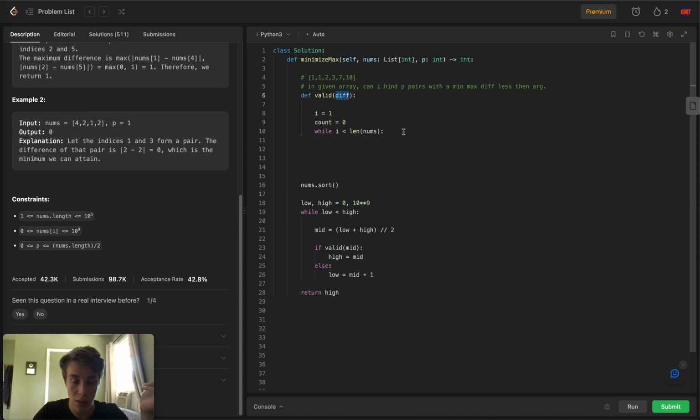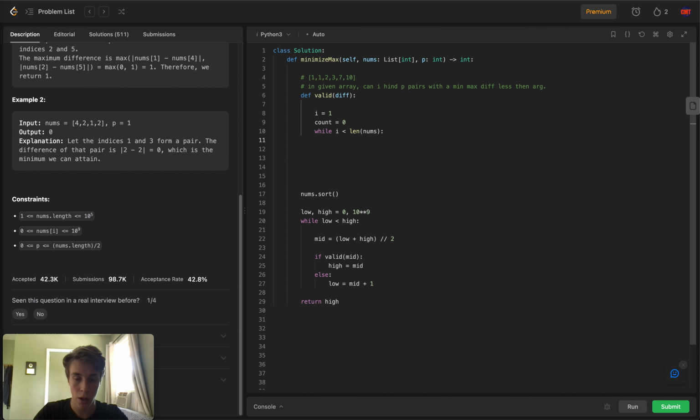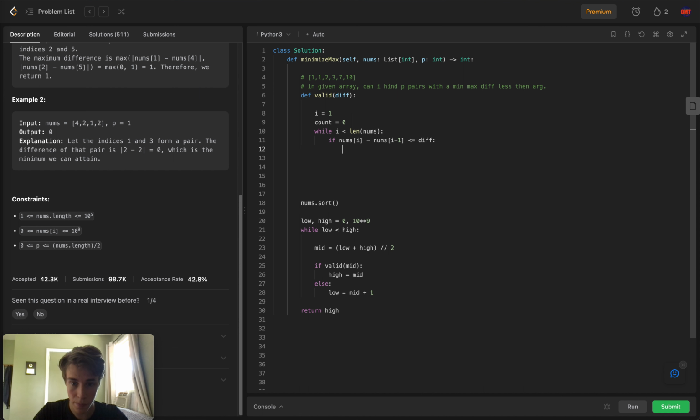given that the difference is going to be less. So if nums[i] minus nums[i-1] is less than or equal to diff, I'm going to say count plus equals 1 and i plus equals 2.